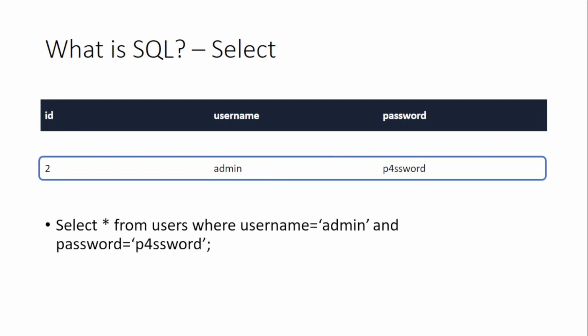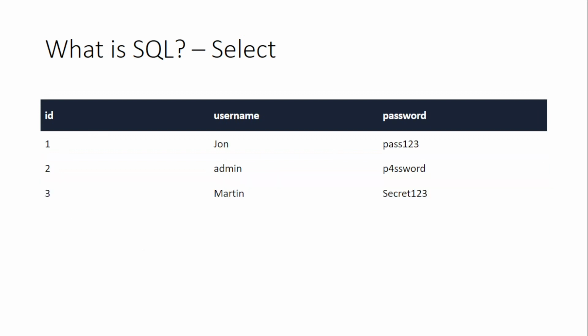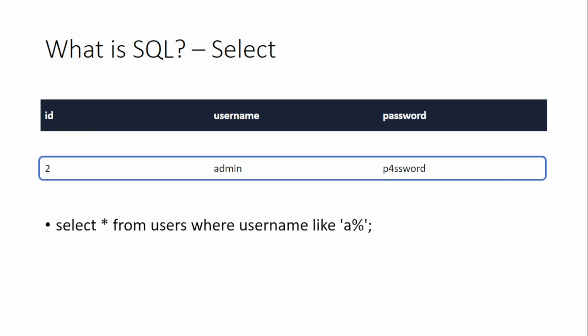We can also use the like clause that allows us to specify data that isn't an exact match, but instead starts with something, like here we are asking for username that starts with a, username like a%. So the percentage sign is a wildcard character, and here it means we are searching for usernames that start with a, and we end up with this one.